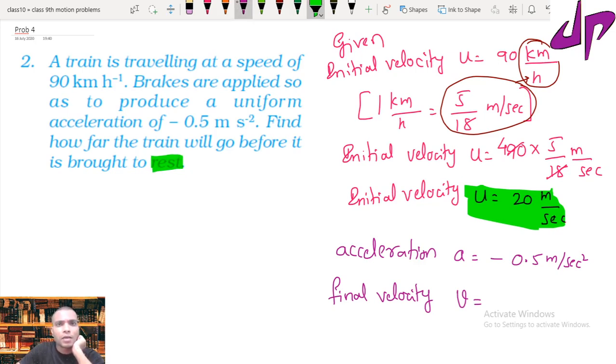Its velocity will become 0. Therefore, final velocity equals 0. And what we need to find? We need to find how far. How far means how much distance. So we need to find the distance, s equals how much?